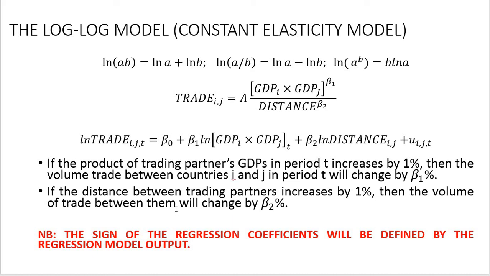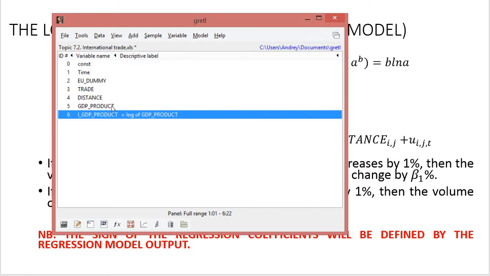Okay, so probably this is not entirely clear. That's why I would like to use some examples, as usual, to make it clearer. So in our case, we will use the international trade data set from the file attached to the materials for this lecture.